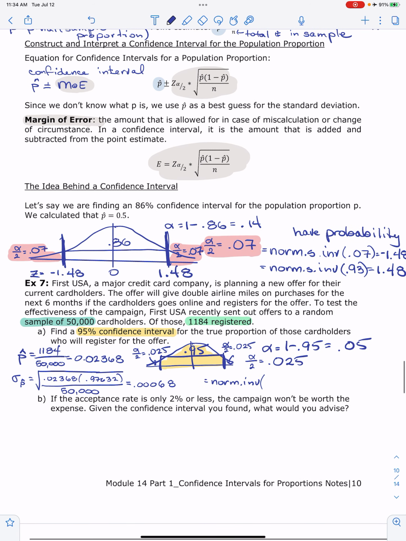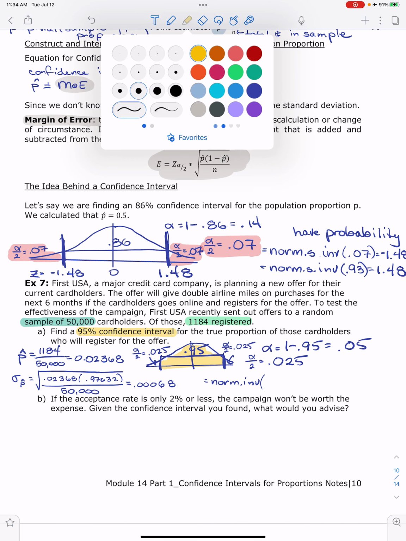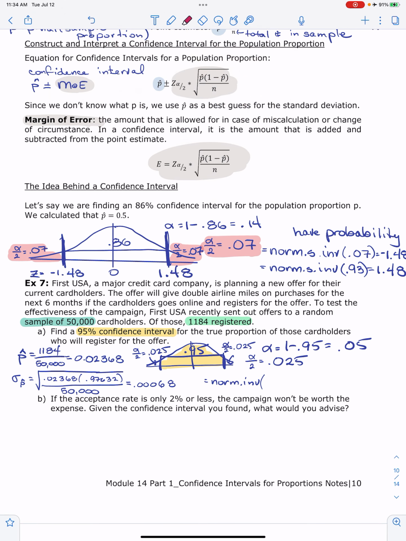For my lower bound, my lower end, let's see if we can color coordinate here. I've got a probability to the left of 0.025. I've got a mean of 0.02368, and I have a standard deviation of 0.00068.